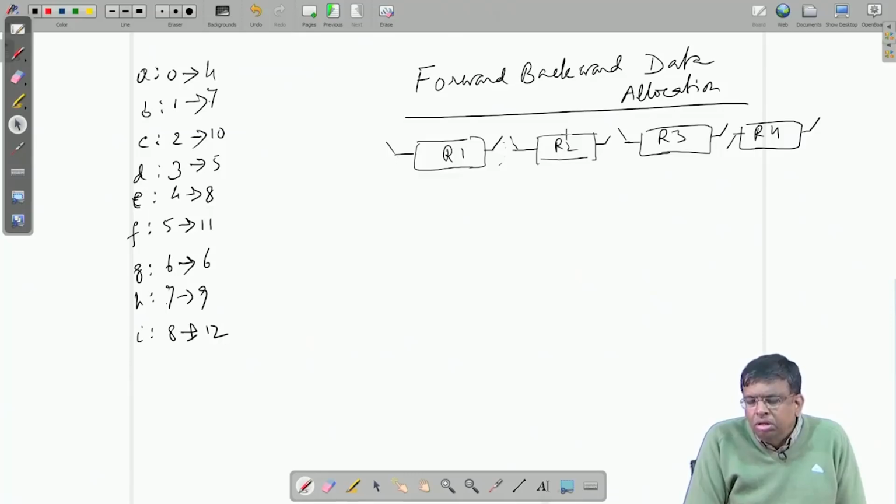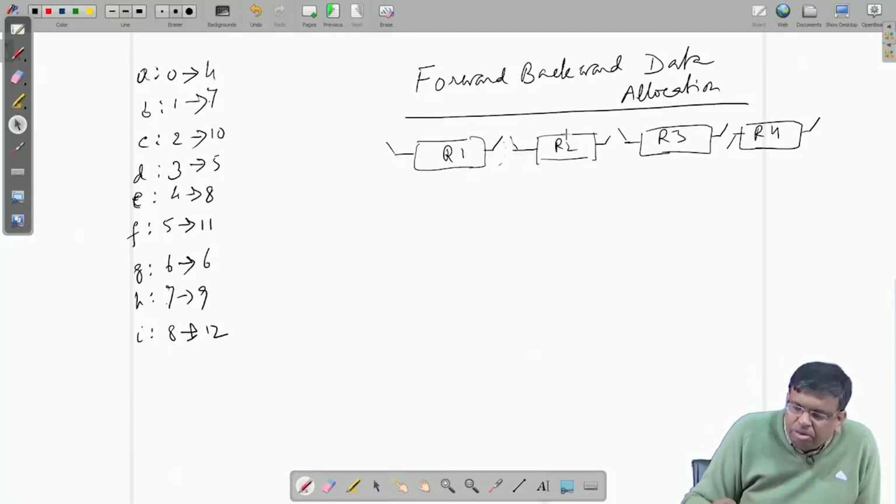But remember, data will never be stored permanently in a particular register. Data will continue to move cycle after cycle from one register to another. Data will not be static. This is the philosophy. To do this, we form a table, a very nice table.